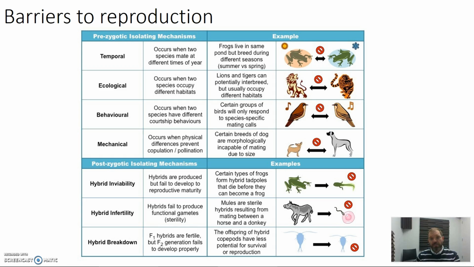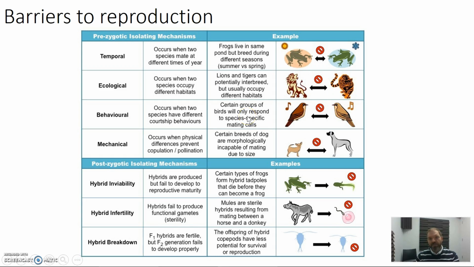So what are some of those barriers to reproduction? We talk about them in two different ways. Pre-zygotic refers to the ones that stop sperm and egg even getting together before we can even form a zygote. And the post-zygotic is when even if that sperm and egg do get together, a fertile offspring won't be formed. If they mate at different times, then there's no chance for the mating to happen. If they live in different areas and different habitats, then they're not going to mate together.